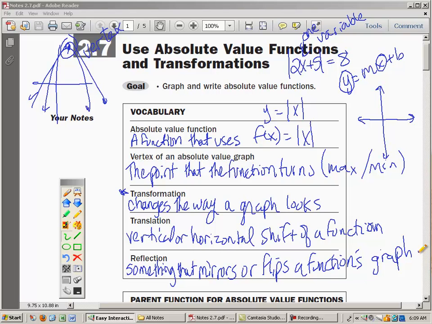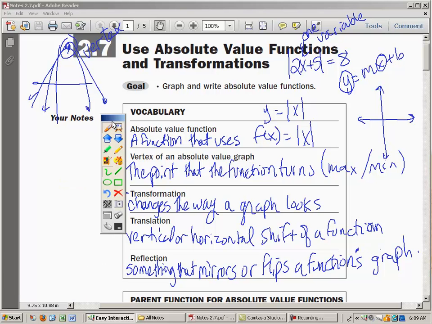Okay, and your English teachers will be proud if you actually remember to put an apostrophe in there. So a reflection is something that mirrors or flips a function's graph. It may flip it upside down. We're not going to do too much with rotations right now. But anyway, those are the key terminologies that we'll need as we go through this.